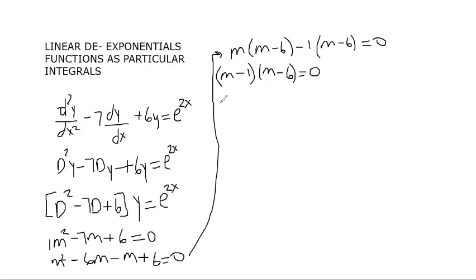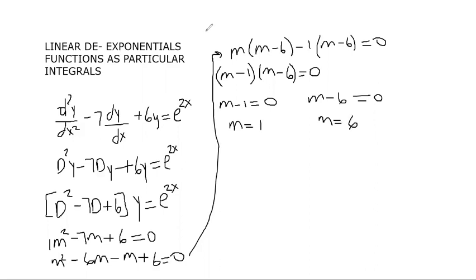Then we're going to equate the terms. So m minus 1 is equal to 0, and m minus 6 is equal to 0. What we're saying is that m is equal to positive 1, and m here is equal to positive 6.